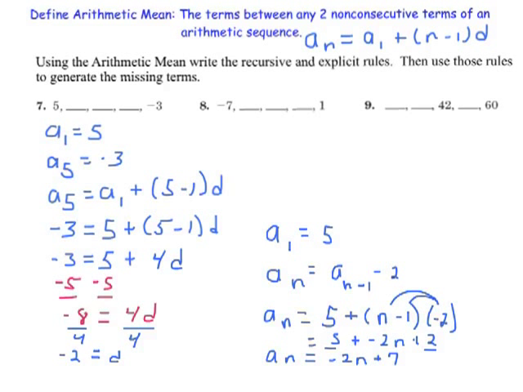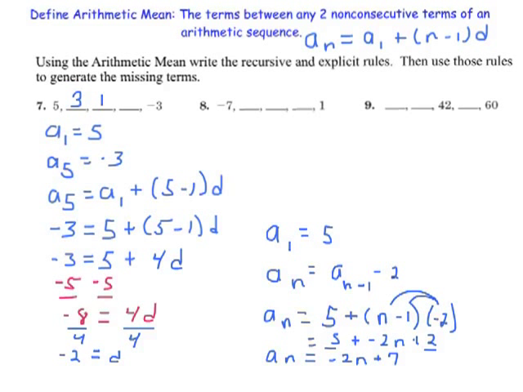Now, take it, plug stuff in, see if it works. At this point, guys, let's find what the rest of these terms are. Well, remember, if I just subtracted 2, 5 minus 2 is, if you said 3, that is correct. Then minus 2 again, which gives me a 1.